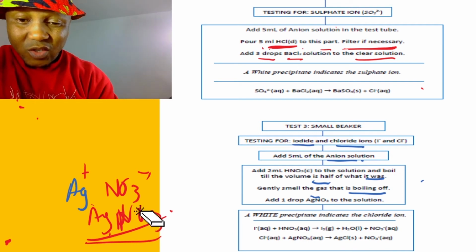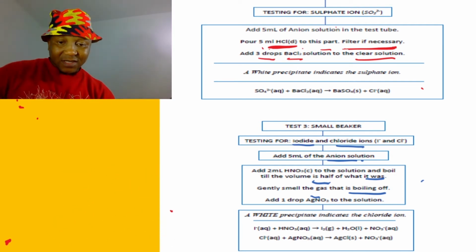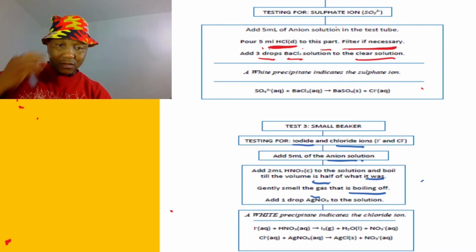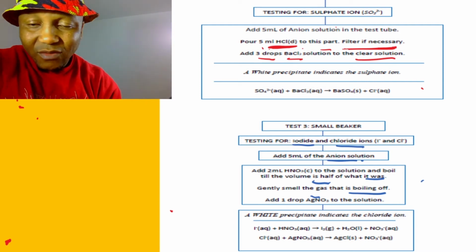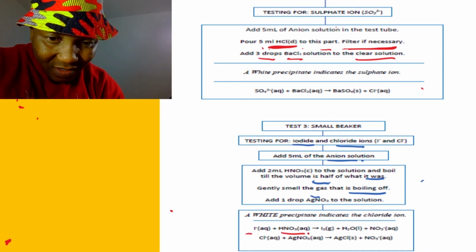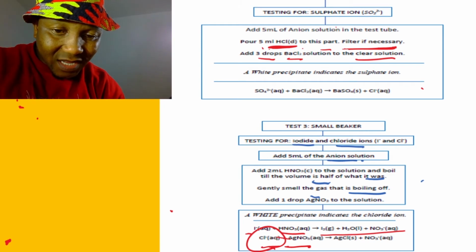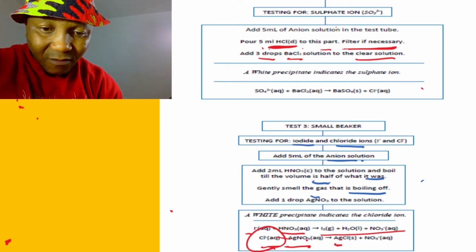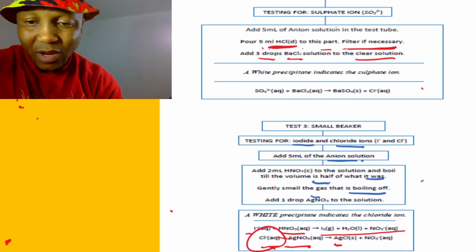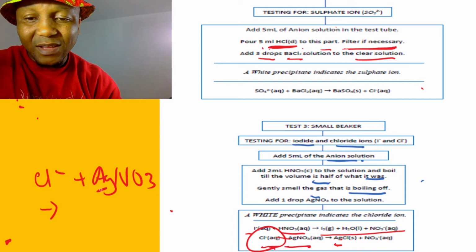Okay. And then after adding 1 drop of silver nitrate, we're going to have this question right here. Let's see the question. They give iodide plus silver nitrate plus nitric acid, and then you get those products. And this one also, you take the chloride ion plus nitric acid, and then this silver is going to take the chloride ion from the silver nitrate.